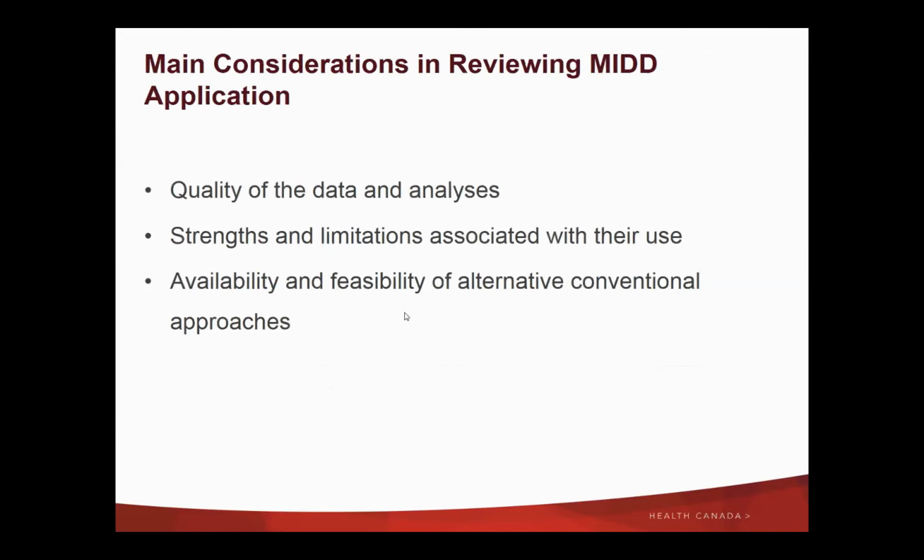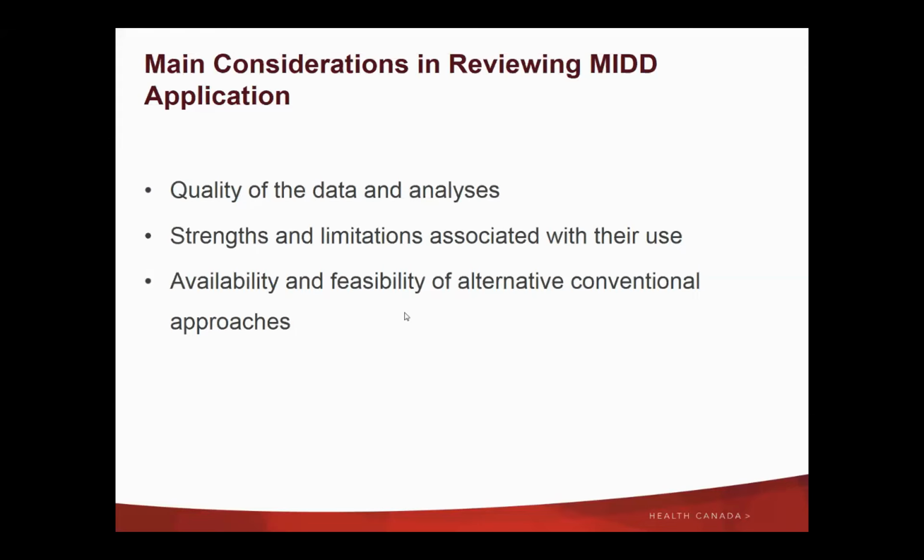So what are the main considerations in the assessment of the credibility or the acceptability of modeling and simulation approaches? In addition, for sure, to the performance of the model and the quality of analysis, we need to focus on additional things.